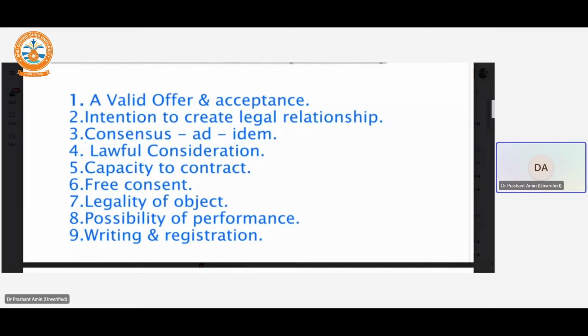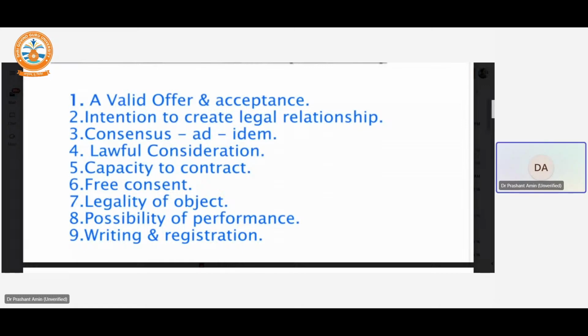So that is called free consent, right? Legality of the object, which has to be legal and enforceable by law. Possibility of performance: you cannot enter into a contractual agreement which is impossible in nature. Let me give you an example: I want to reach inside the sun. If I make that kind of contract, the possibility of performance is not there. So that particular contract is invalid, right?